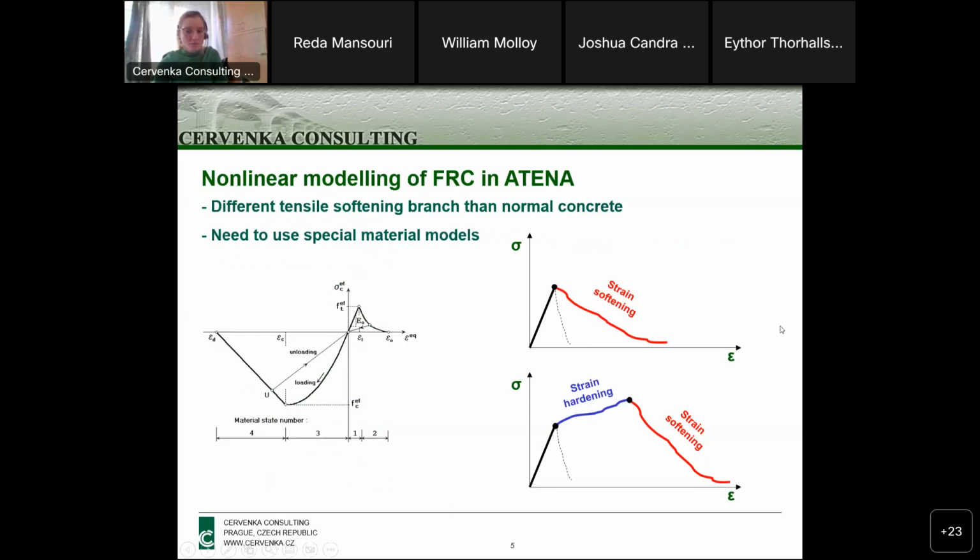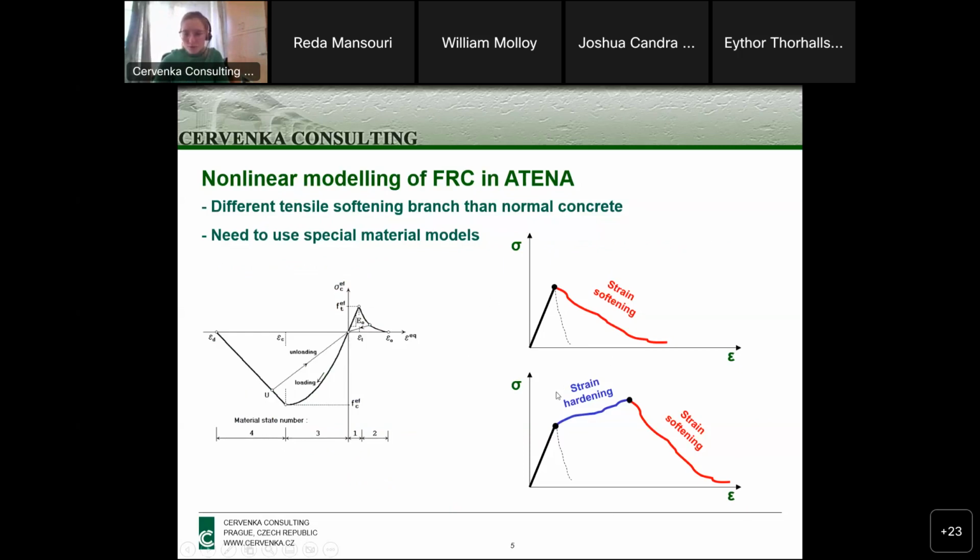This part of the concrete response in tension, when it comes to normal concrete, might look like this, but for fiber reinforced concrete, it might look like this. So we need specific models that are capturing this sort of behavior for the softening branch of the stress strain diagram.